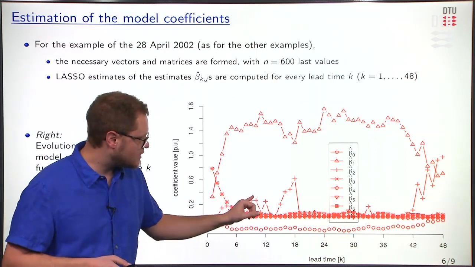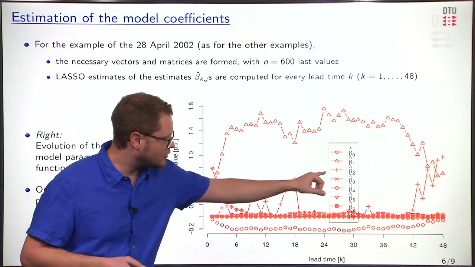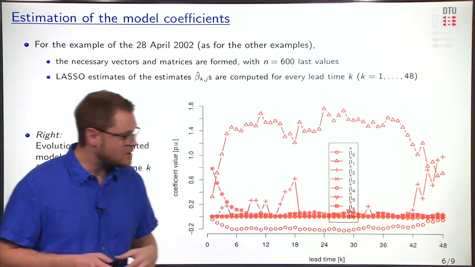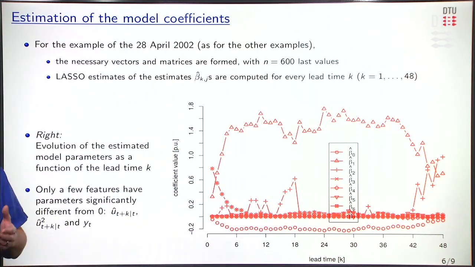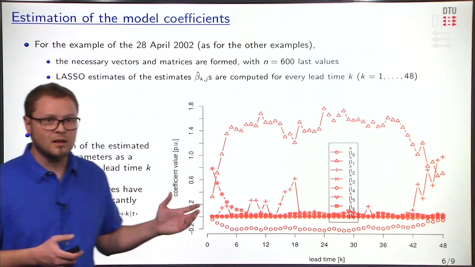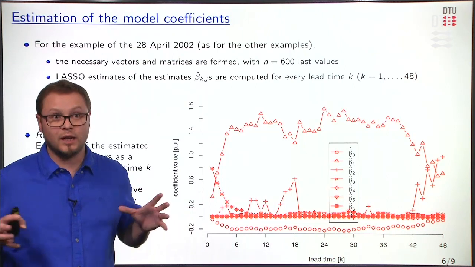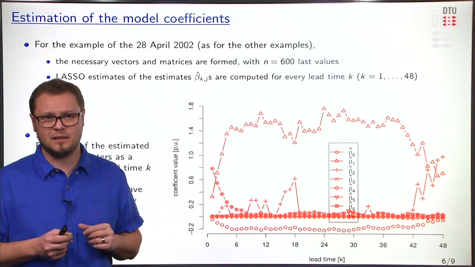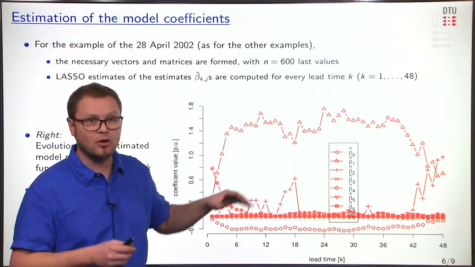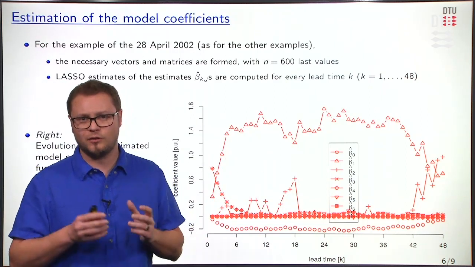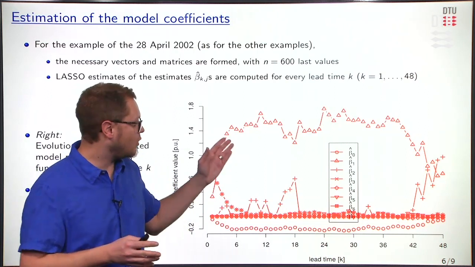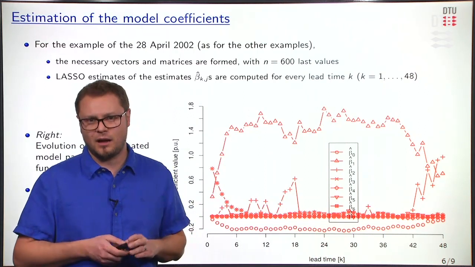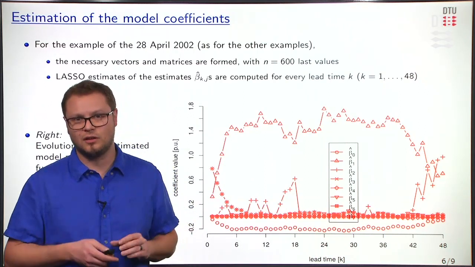Then we also have the second coefficient, beta 2, which is non-zero for some lead times, and it's associated to the square value of the wind speed forecast, etc. So using this lasso estimator, we can input a lot of features, and by doing this estimation, it does somehow an automatic selection of the features that are of interest and also finds the linear coefficients that are to be used for forecasting.